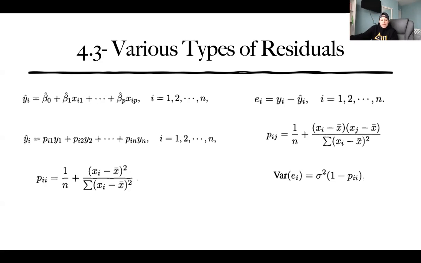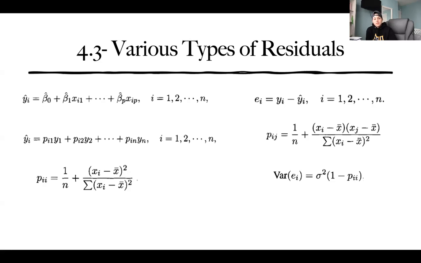So our p sub ii term is right here, which equals 1 over n plus x sub i minus x bar squared all over the summation of x sub i minus x bar squared. So p sub ii is equal to our leverage values. The n leverage values are denoted by p sub 1,1, p sub 2,2, all the way up to our p sub nn values.